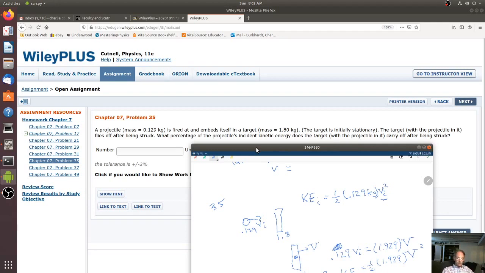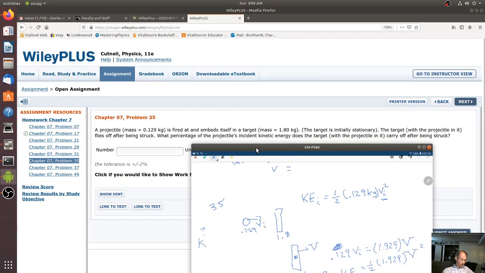Okay, more stuff I don't know. But what are they asking me for? What is the question? They want to know what percentage of the projectile's incident kinetic energy does the target carry off with the projectile after being struck?